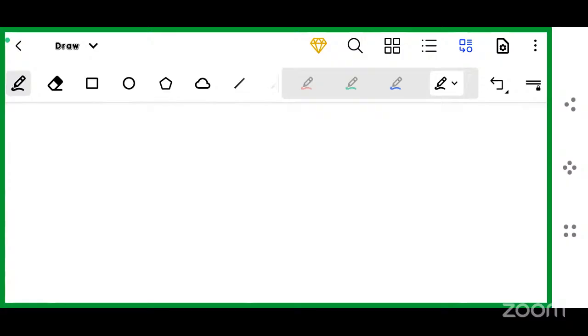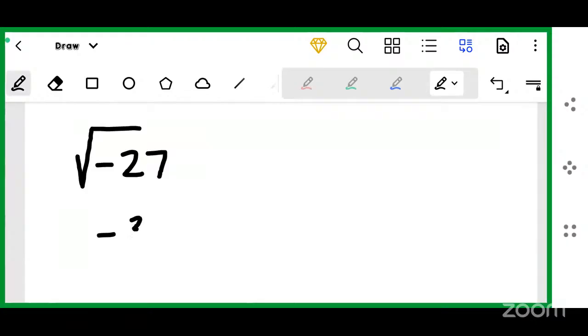I first took the cube root of negative 27 and got negative 3. Then I wrote the 3 in brackets times 1 over 3, and that cancels.